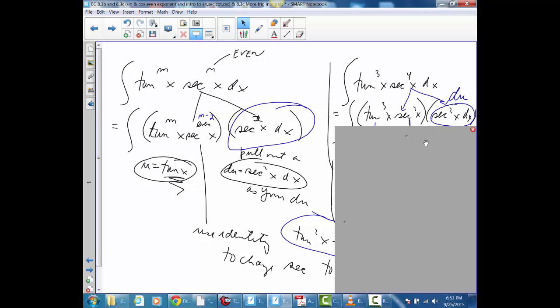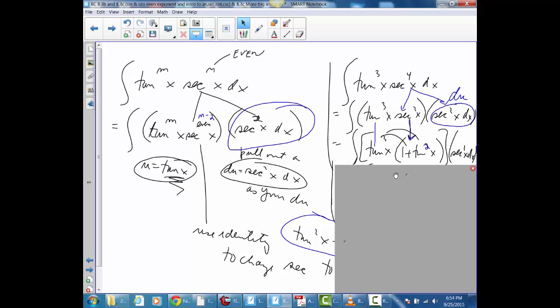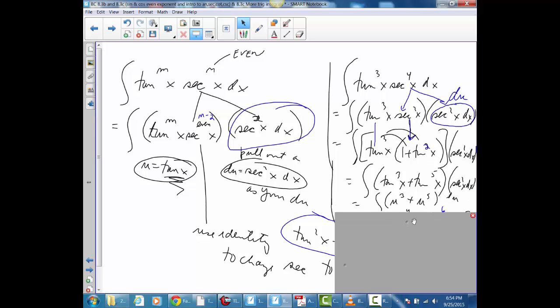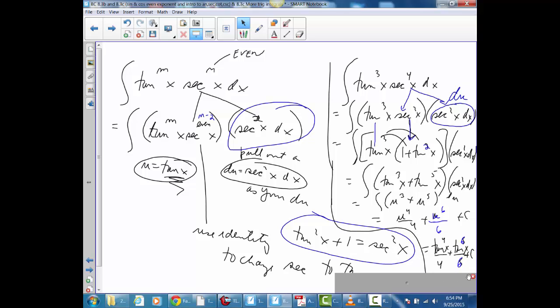Now, secant squared is the derivative of tan, so you want all of this to be in terms of tan. Well, you already have tan cubed, but you need secant squared in terms of tan. But of course, secant squared is 1 plus tan squared. We then distribute. We have tan cubed plus tan to the fifth, which gives us u cubed plus u to the fifth du, which gives us u to the fourth over 4 plus u to the sixth over 6, which is tan to the fourth over 4 plus tan to the sixth over 6 plus c.